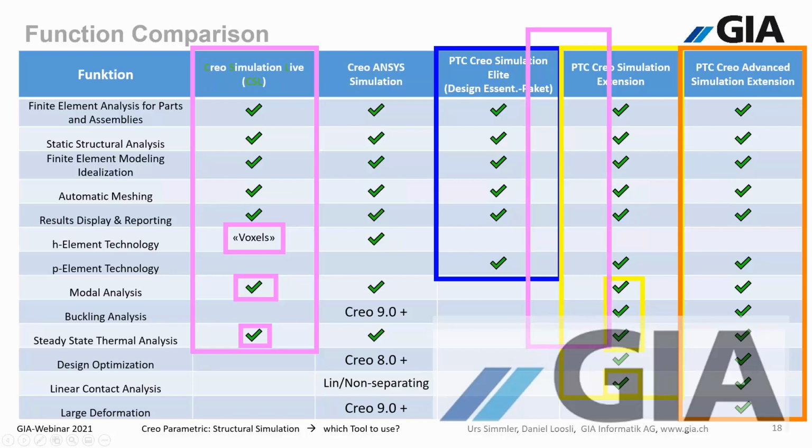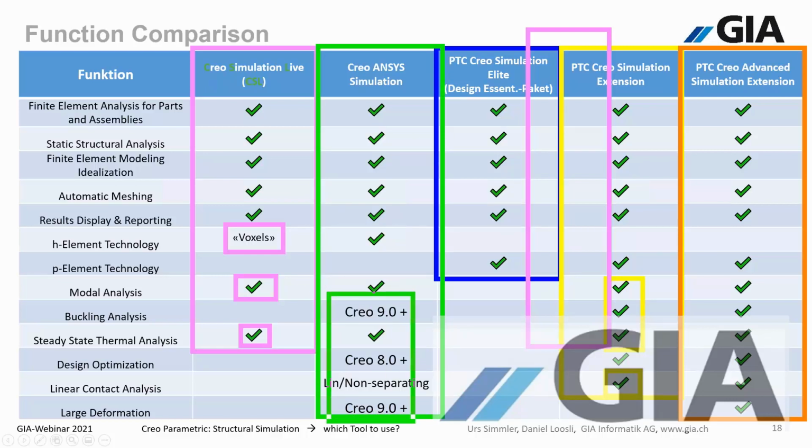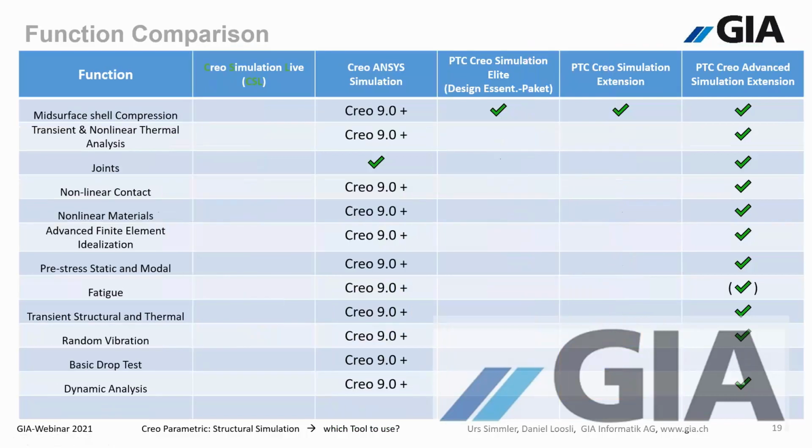Okay, and now we are still running on our last version, let's take maybe the green color here, Creo Ansys Simulation. We have now version 7.0 with the first implementation, and of course in the further versions we'll get some additional functionality like nonlinear contact, nonlinear materials, and so on.